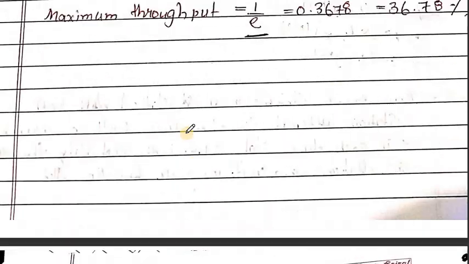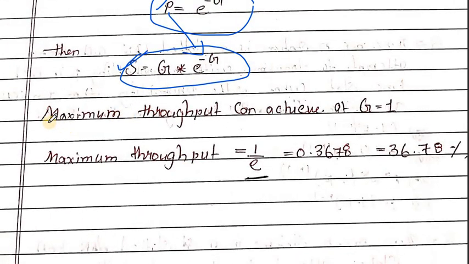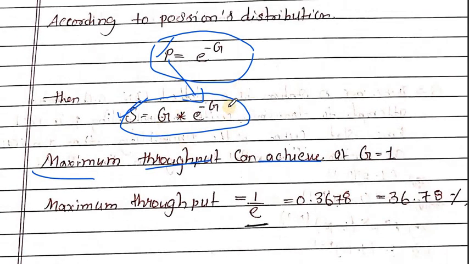Now the maximum throughput can be achieved. After applying differentiation, we get the maximum value of G. The maximum value of G is 1, so that throughput will be maximum.